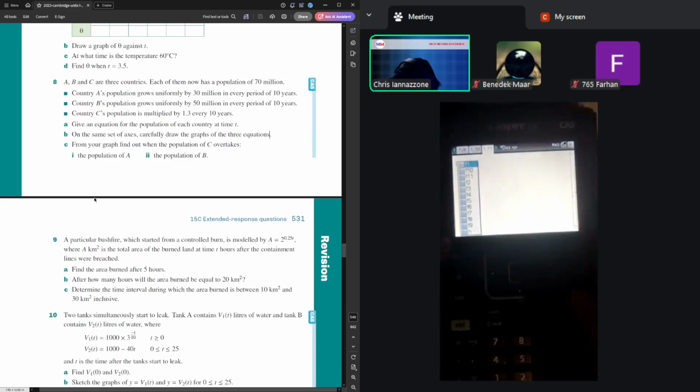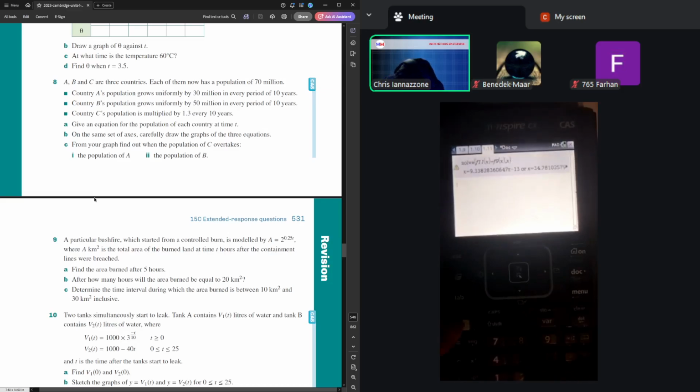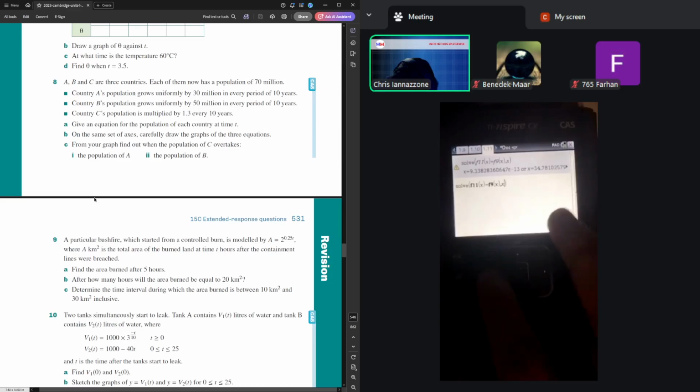So we're doing CAS solve F11 equals F9 first for the first country. We're going to get decimals anyway, so it doesn't really matter. And then F10.